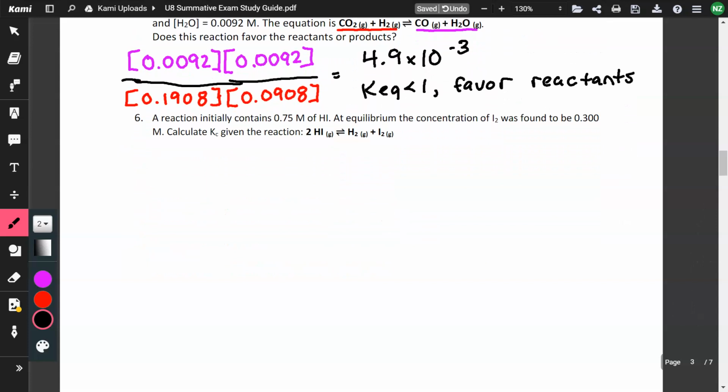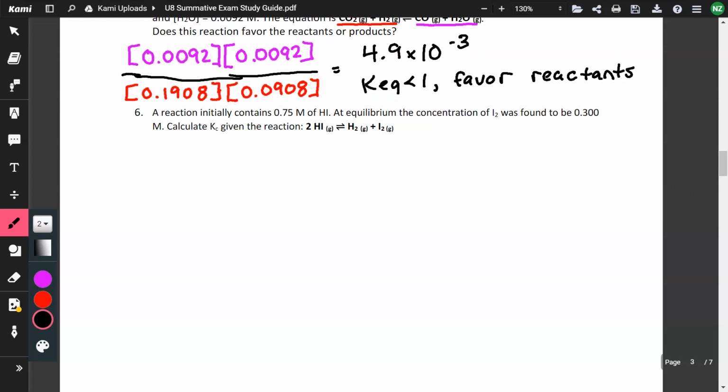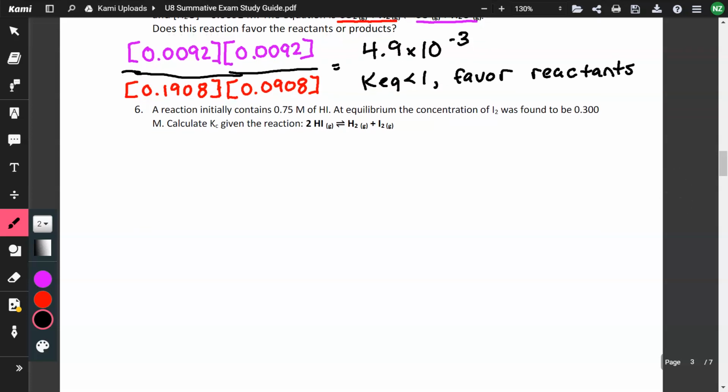Okay, number 6. Reaction initially contains 0.75 molar of HI. At equilibrium, the concentration of I2 was found to be 0.3 molar. Calculate Kc given the reaction. Okay, so when you're working these types of problems, I would suggest you go with your equation for what it's asking you to find. It's asking you to find Kc. Kc is going to be products over reactants.